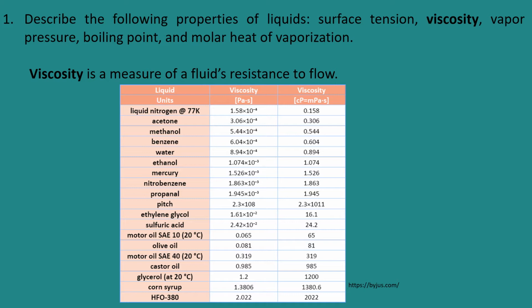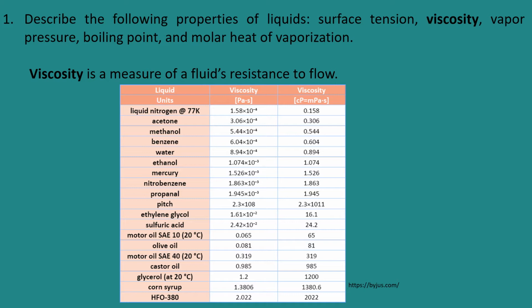Viscosity now refers to the fluid or the liquid's resistance to flow. So there's another table here which contains different measures of viscosity of different liquids. One measurement for viscosity can be in Pascal seconds or millipascal seconds.